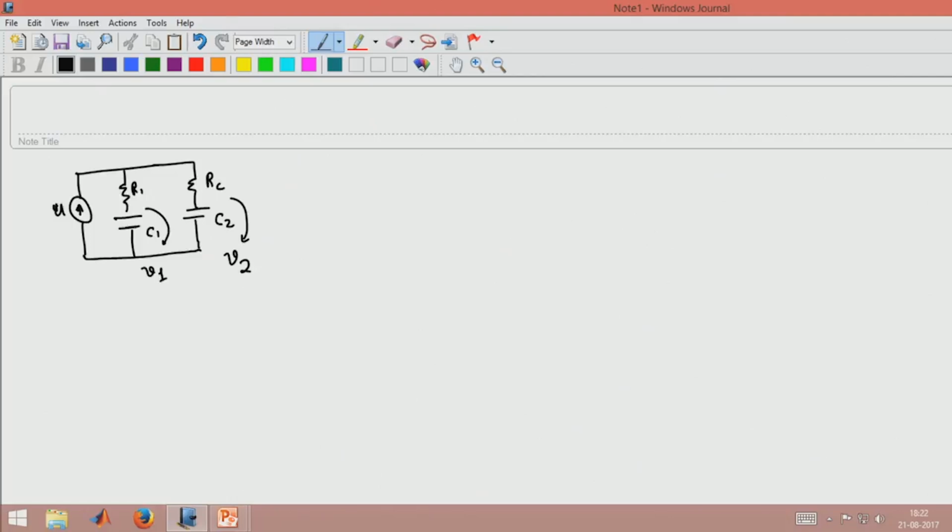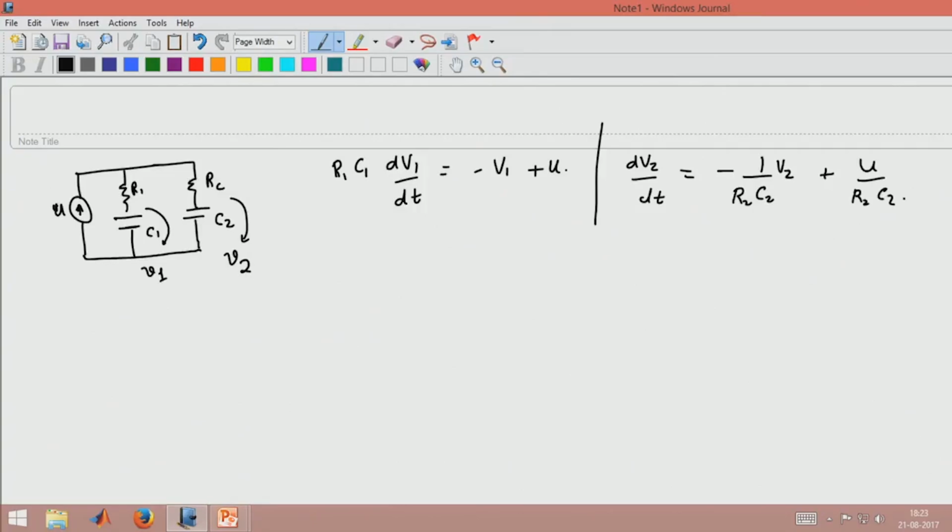So, I can write down equations. This is a current source, the total currents add up. I can say that R1 C1 dV1 by dt is minus V1 plus U. Similarly, dV2 by dt is minus 1 over R2 C2 V2 plus U over R2 C2.